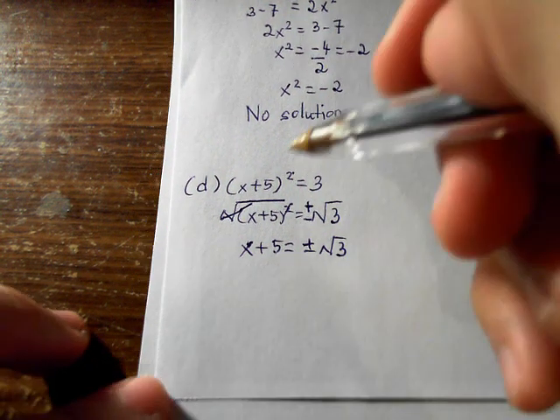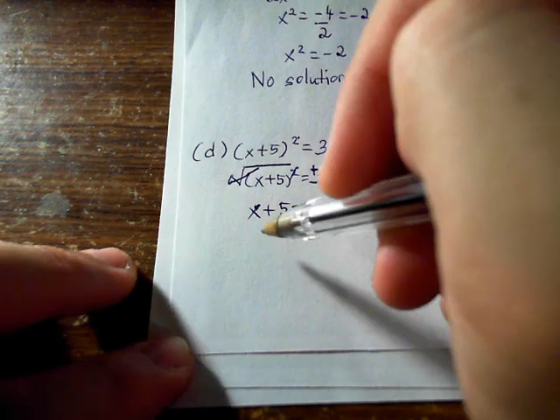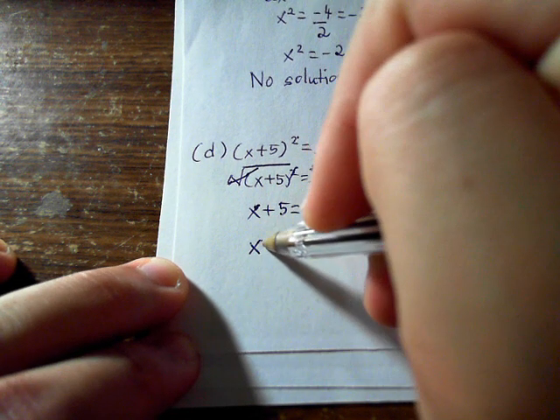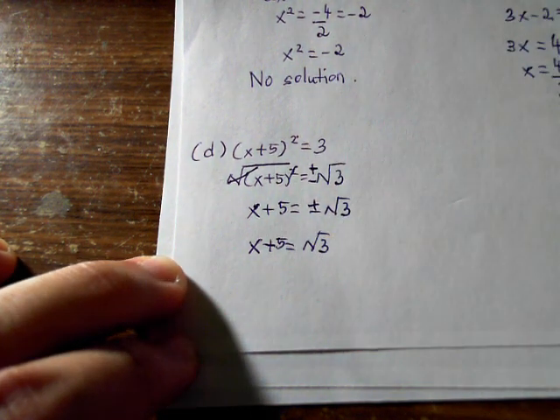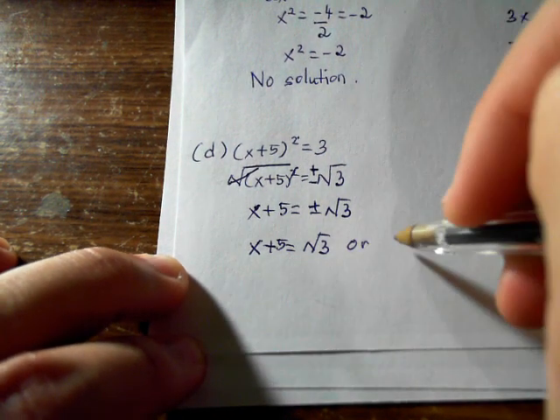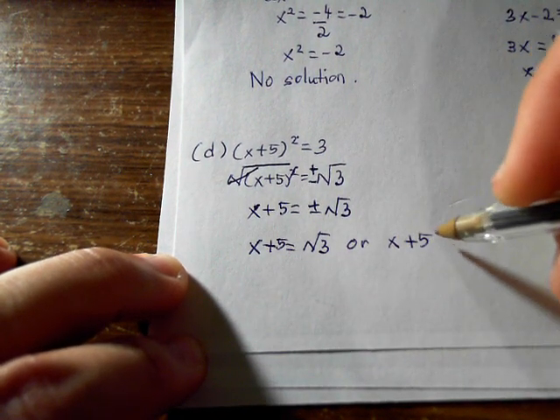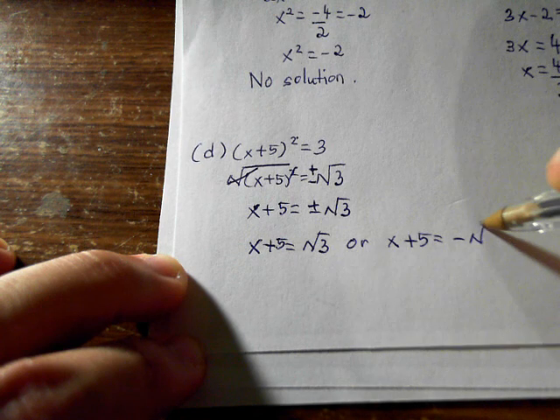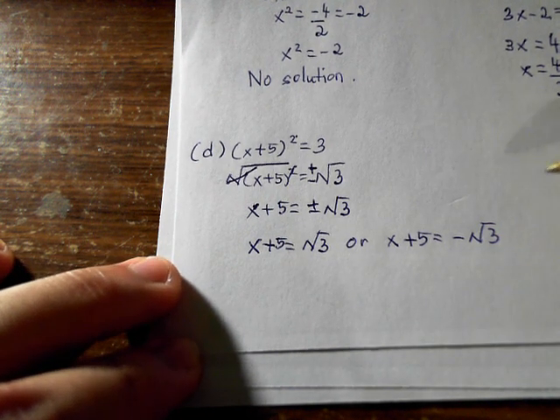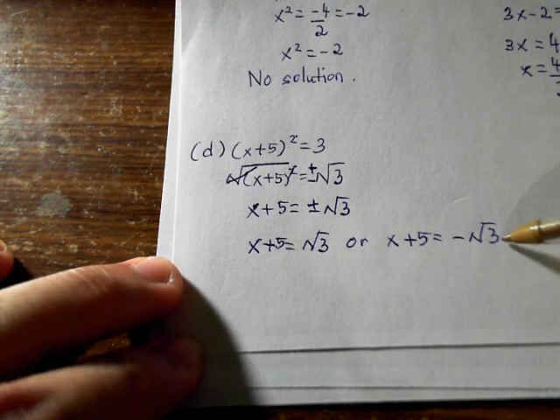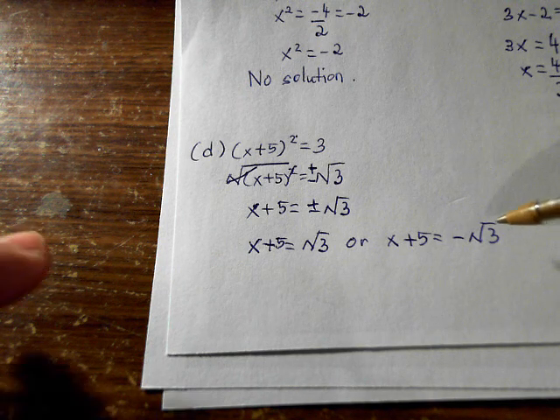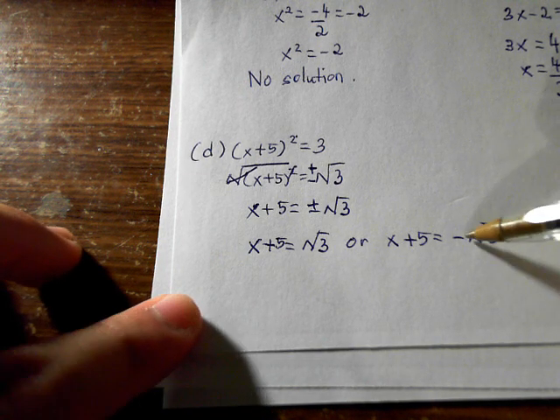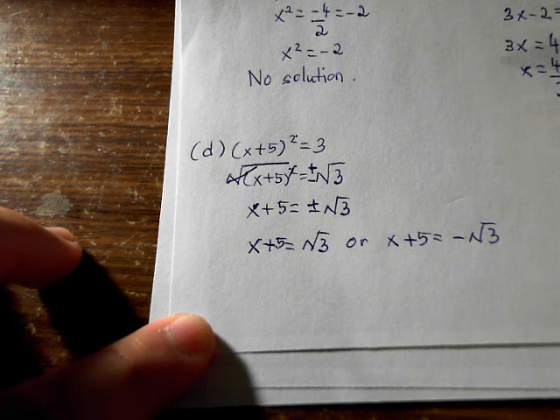To solve this, you will have x plus 5 equals positive square root of 3, or x plus 5 equals minus square root of 3. This term, minus square root of 3, is very different from the square root of a negative number, because we are treating this as a different sign.